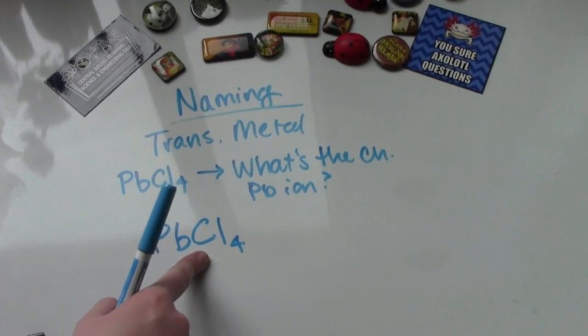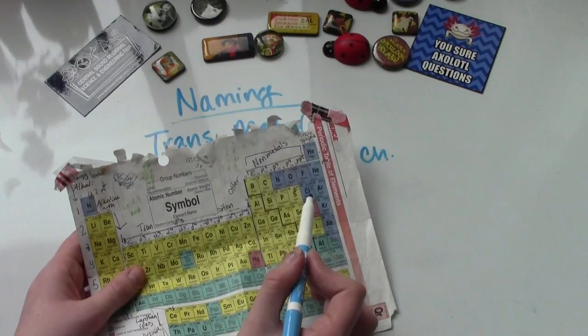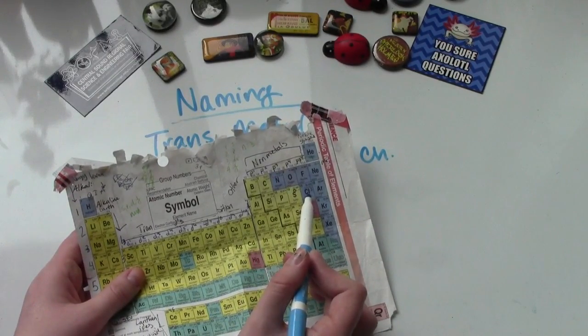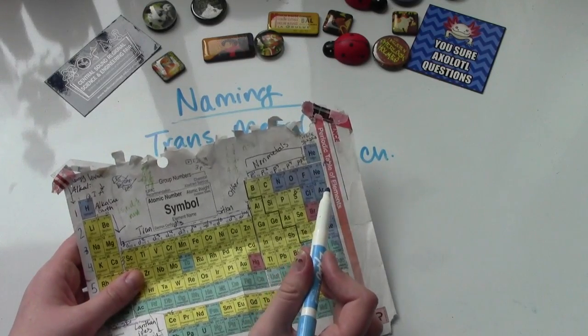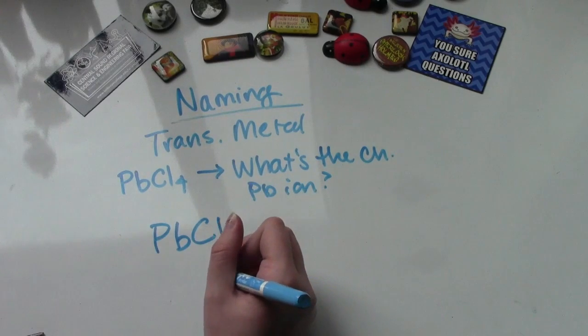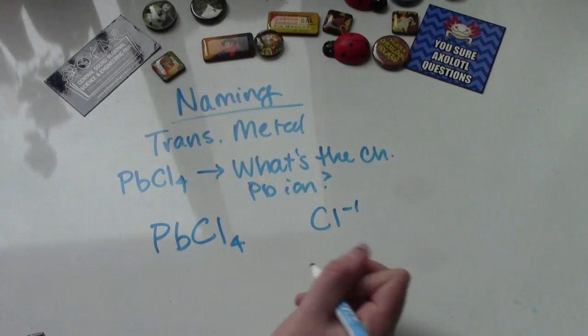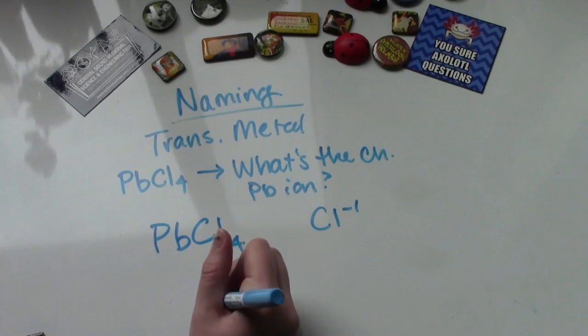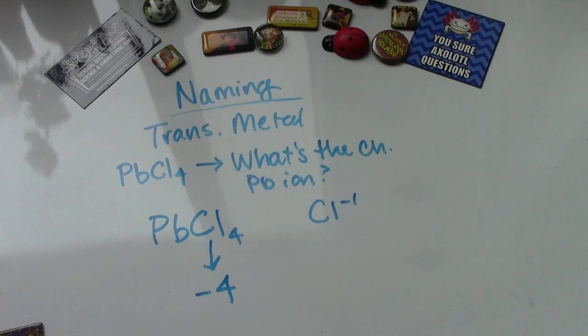We know from our periodic trends that chlorine is always going to gain an electron to obtain that noble gas configuration. So we know that chlorine almost always has a -1 charge on it. Multiply that by 4 and we have an overall -4 charge on the chlorine in lead chloride.